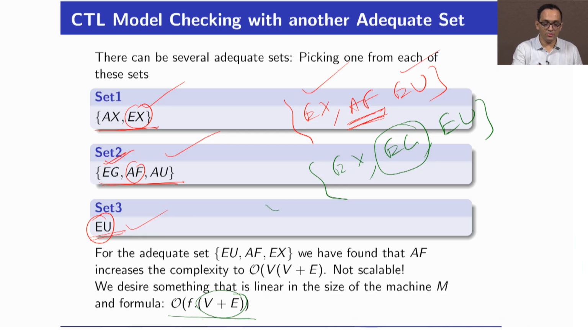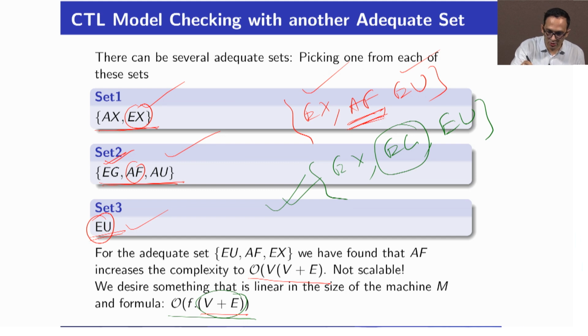So, effectively this will be the good adequate set for which I will be able to have a much more efficient algorithm, V times (V plus E) versus V plus E, one polynomial level more efficient than the previous one. So, let us now see how we can develop the algorithm for EG.